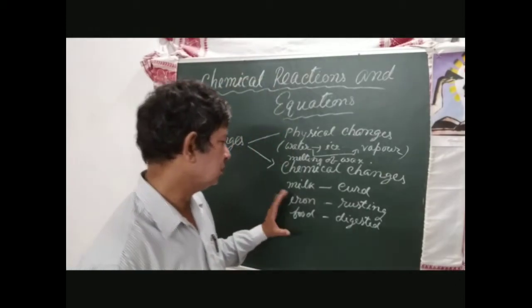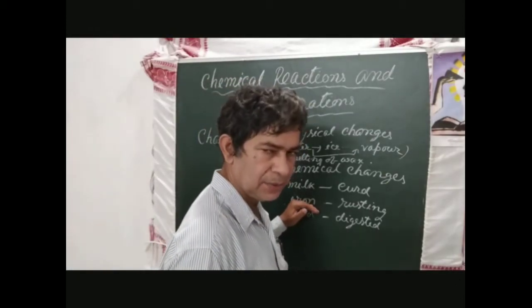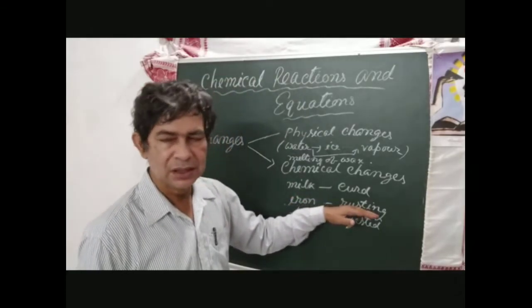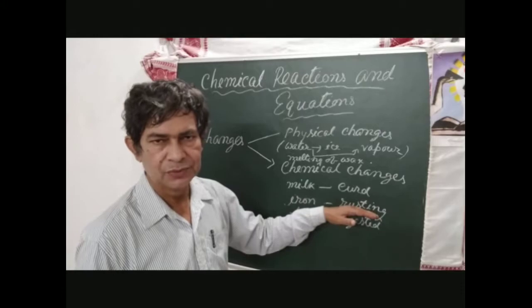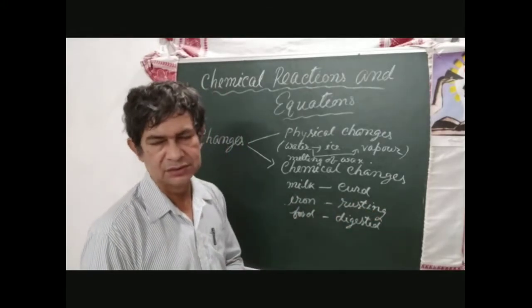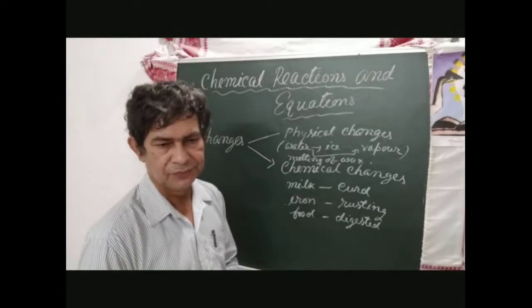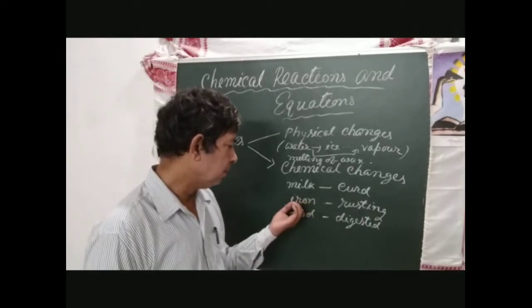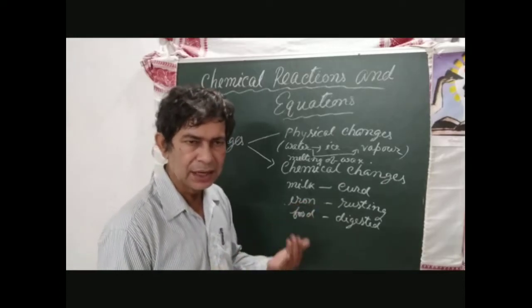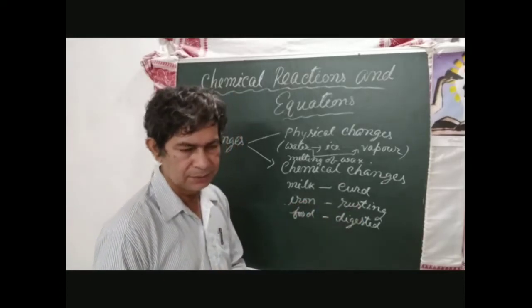Suppose due to rusting of iron, a new thing, that is rust, is produced. They have completely different properties. If you bring a piece of magnet here, the iron will get attracted, but rust will not.